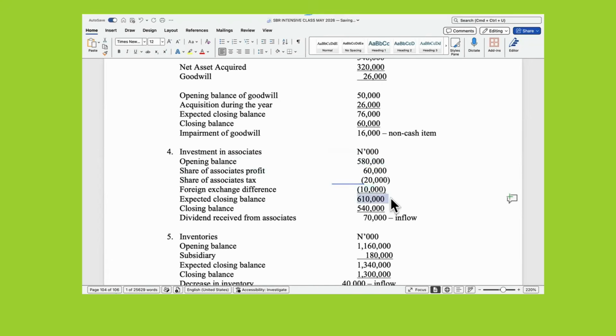Then you have my expected closing balance. But my actual closing balance in the statement of financial position was 540. The balance is dividend received from associates, which should be an inflow in investing activities.